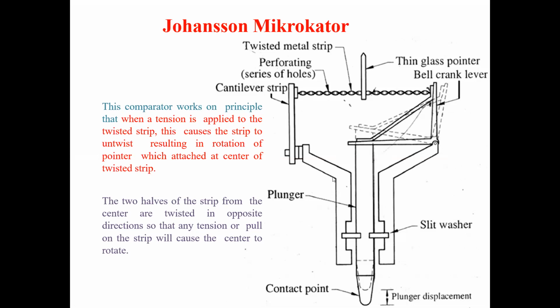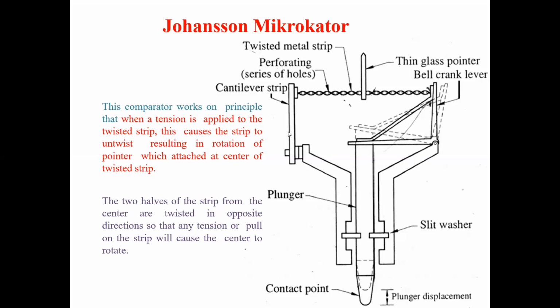In this case, one twisted metal strip is placed between this bell crank lever and this cantilever strip. One end of the twisted metal strip is attached to the bell crank lever and the other end is attached to the cantilever strip.